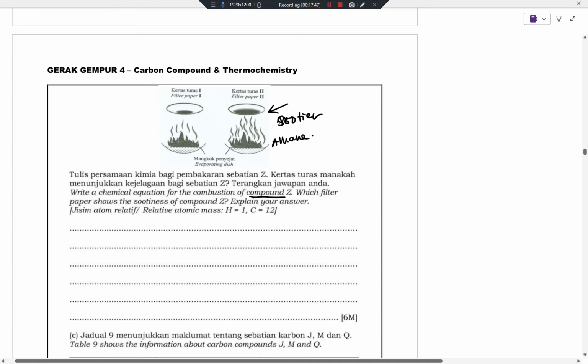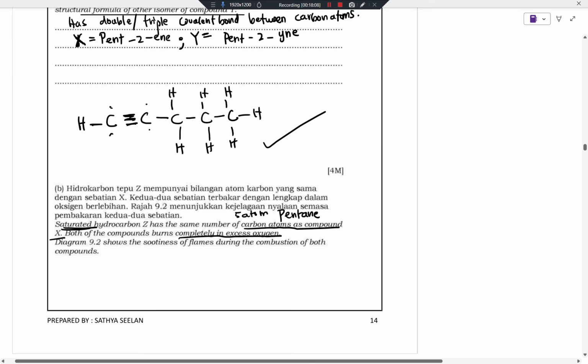Okay, so which filter paper shows the sootiness of compound Z? They give you 6 marks, that means you have to do the calculation. No other way. Now they have compound Z here. But here, what is it? We don't know. Okay, wait. Let me read that question again. Same as compound X. Both of the compounds burn completely in excess oxygen.